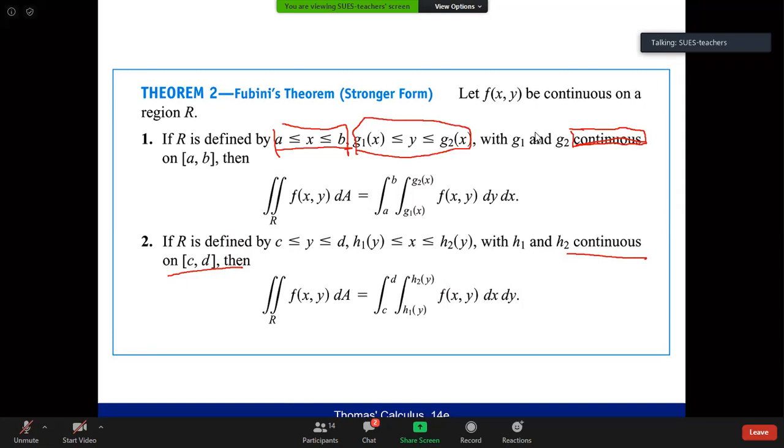So based on this theorem or definition, when you are trying to do the multiple integral in a general space, you have to be very, very careful. When you are trying to define an integral range or area, the first thing is to define the range of one variable first, no matter x or y.